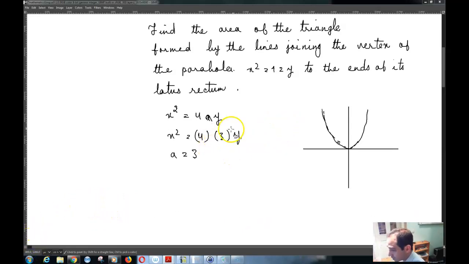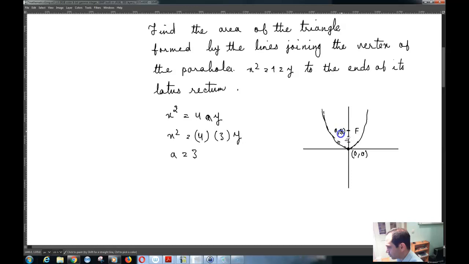Okay, so what that means is that of course the vertex of the parabola, we can assume that it's at the origin, so that is 0, 0. Now if a is equal to 3, I have 1, 2, and 3 over here, and this is your focus, which is at 0, 3.